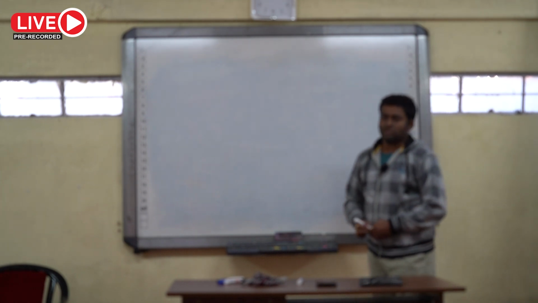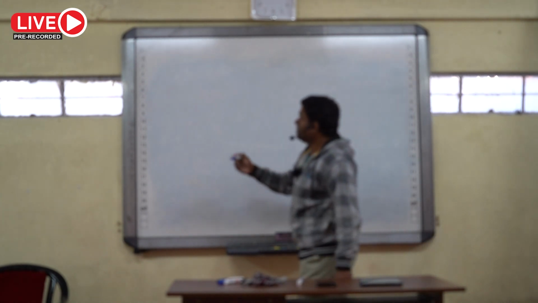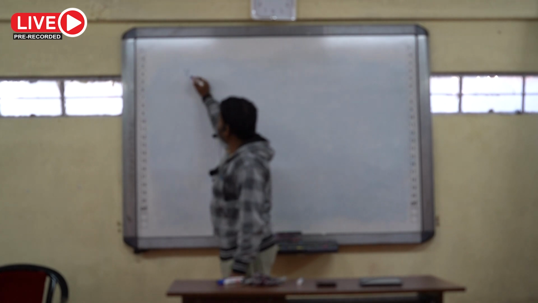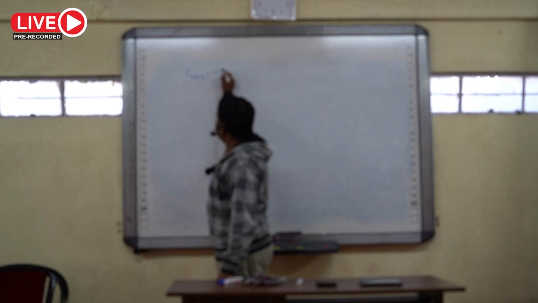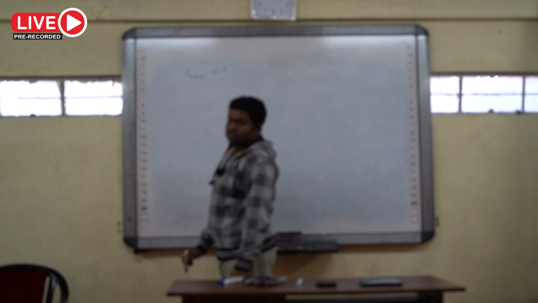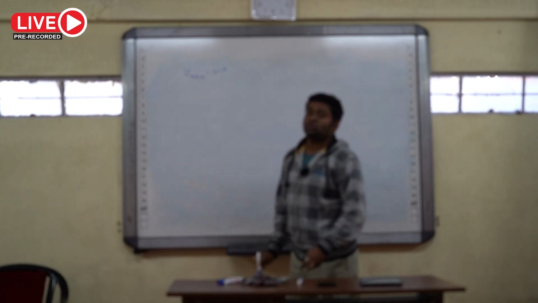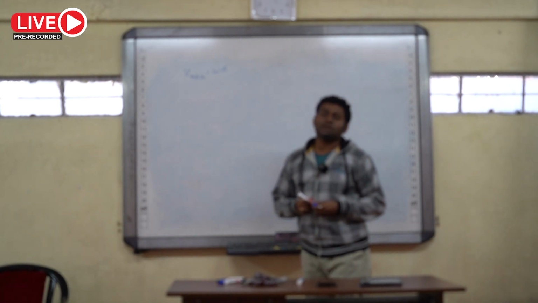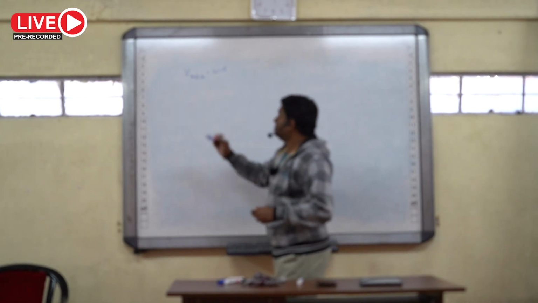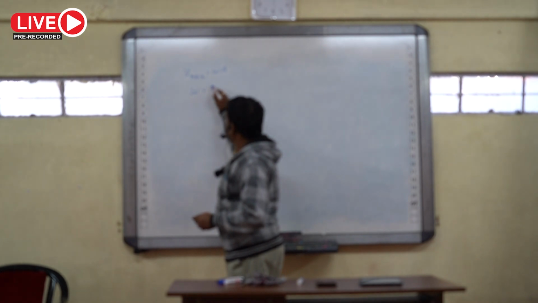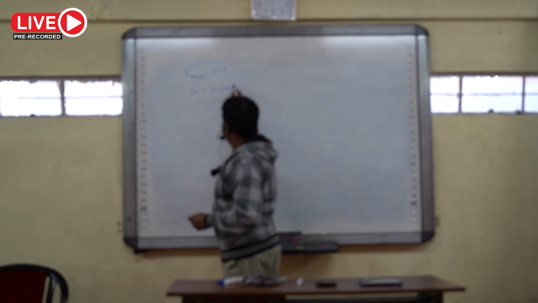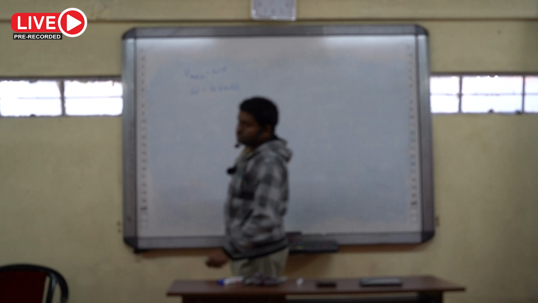So how to solve this one? You have to use this form, that V max equal to omega A. From that, first calculate omega. Omega will come 4 radian per second.